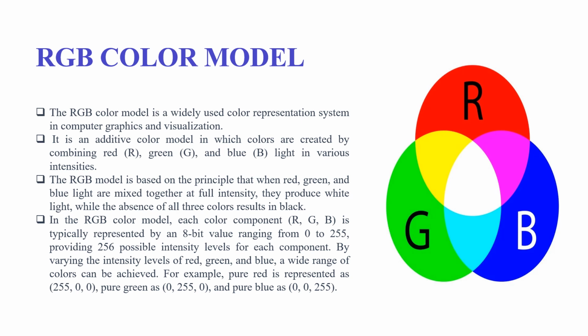For example, pure red is represented as 255, 0, 0. Pure green as 0, 255, 0, where 255 represents the green color, and pure blue as 0, 0, 255, where 255 represents the blue color.